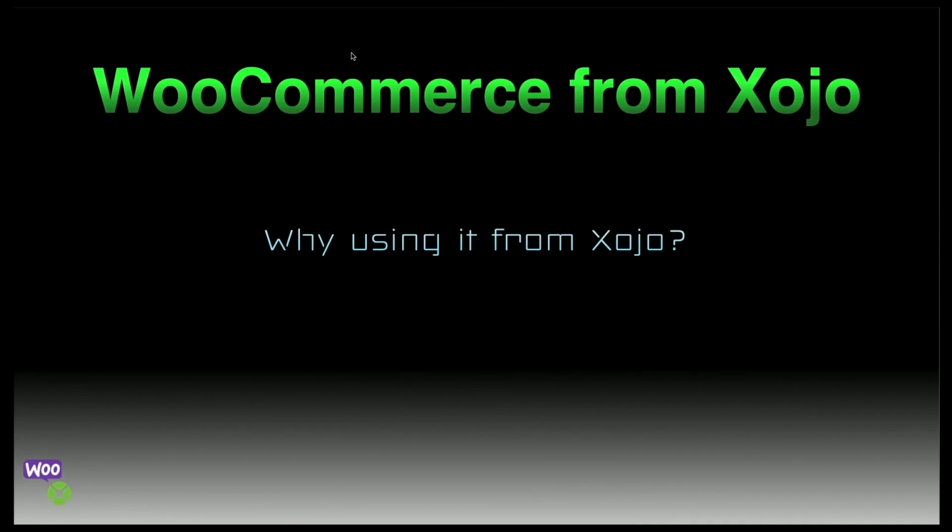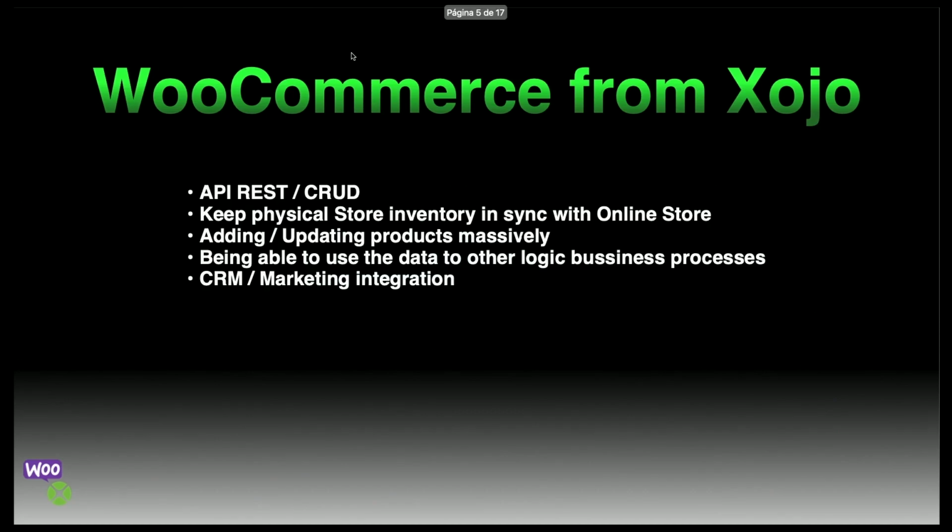We're using it from Xojo because it's really easy, as we are going to see through the demo, and for many other things. It offers a RESTful API, so you can create, read, update, or delete the records for all the operations that it offers.